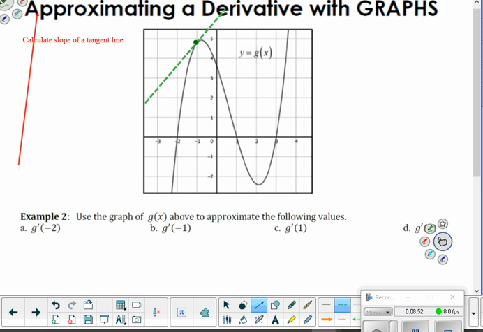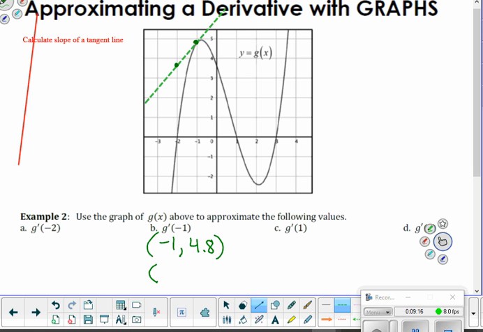But if I used -1 and maybe 4, it's not quite 5, is it? Maybe 4.8. That's my estimate. And then, what's another nice, decent point? I think I'm going to go after this one right here.